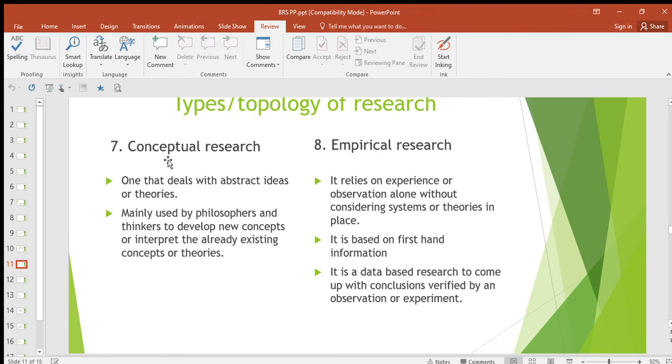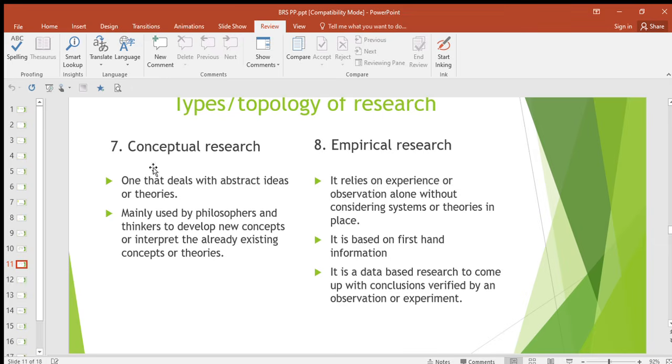Then we have conceptual research and then empirical research. Conceptual research deals with abstract ideas or theories, mainly used by philosophers and thinkers to develop new concepts or to interpret the already existing concepts or theories.